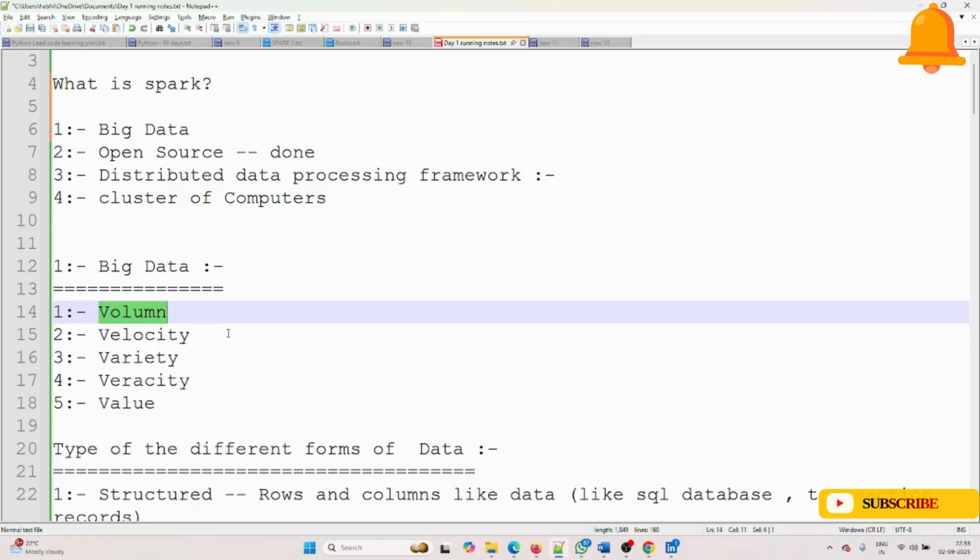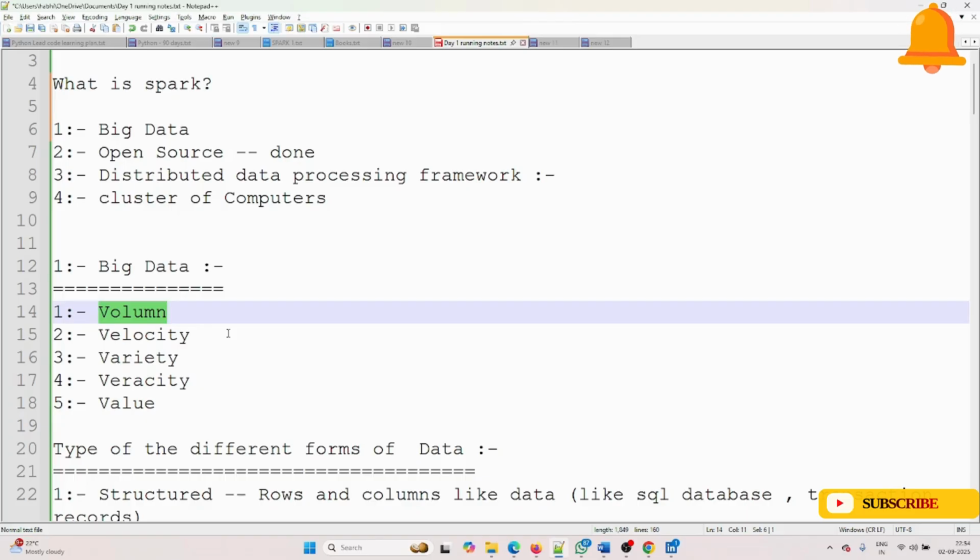But today, in the AI world, data is coming every second or every millisecond from different apps, websites, sensors, and machines. So velocity refers to how fast the data is moving.